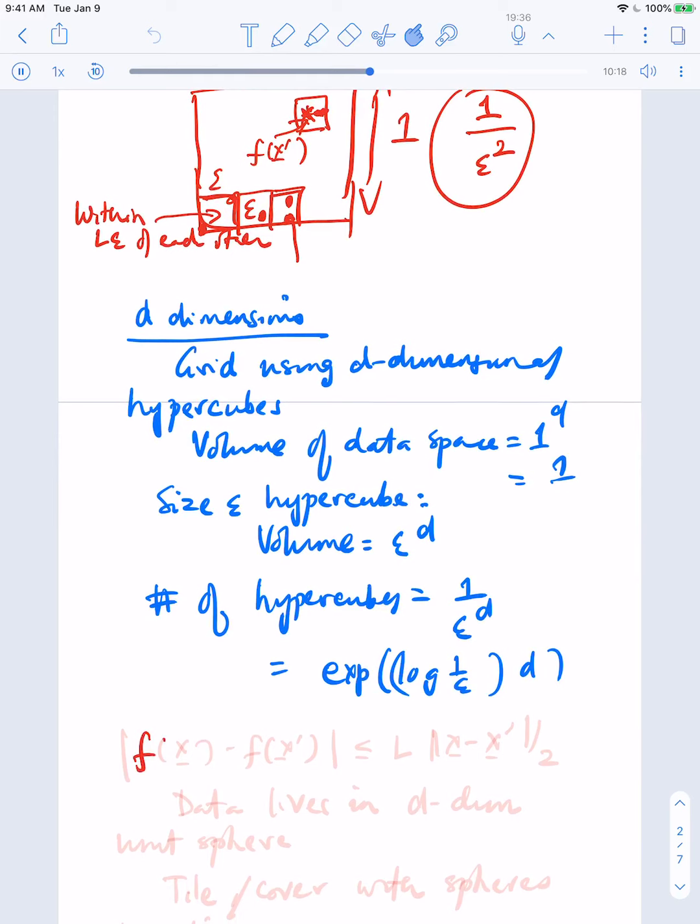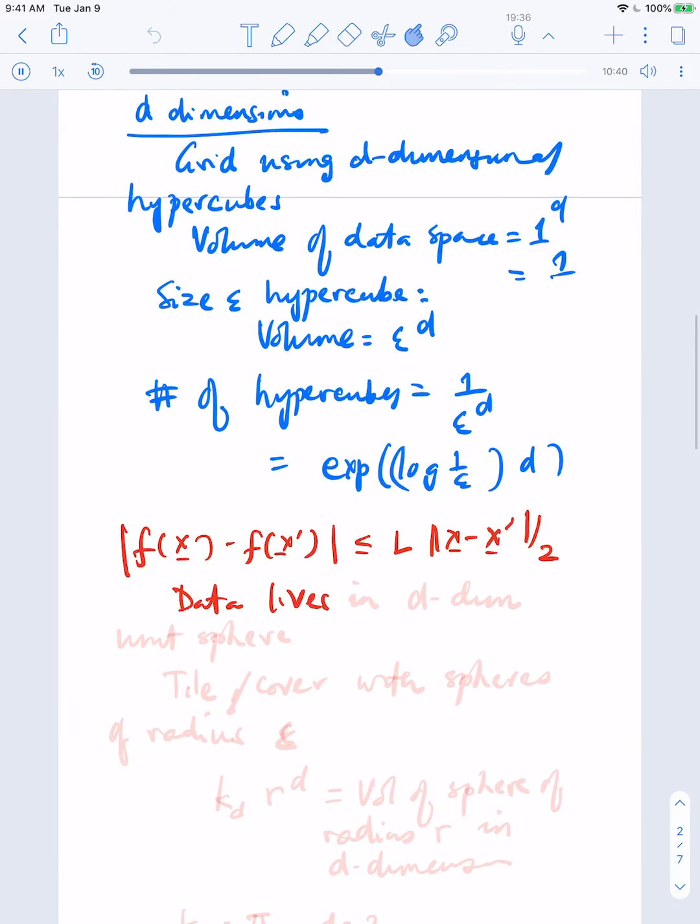If you put the Lipschitz condition in terms of the L2 norm, like the magnitude of f(x) minus f(x prime) is less than or equal to some other L, there's a different L, times the L2 norm of x minus x prime, and suppose we are talking about data that lives in the d-dimensional unit sphere, just completely analogously, I'm going to tile, I guess, or cover the unit sphere with spheres of radius epsilon.